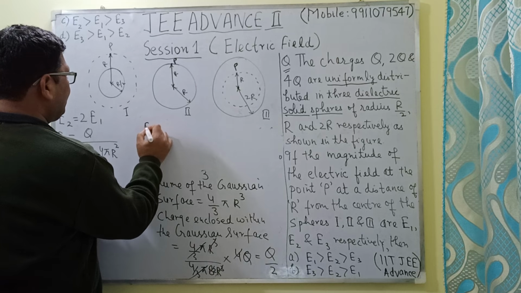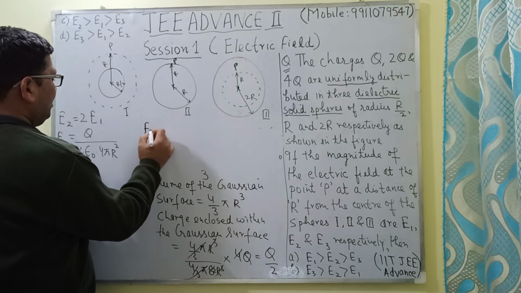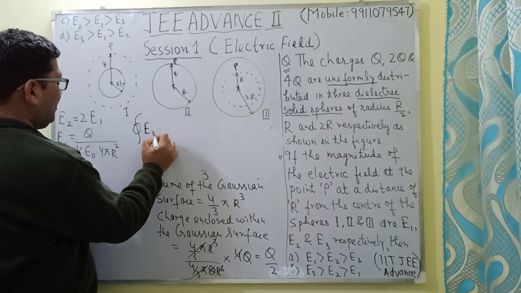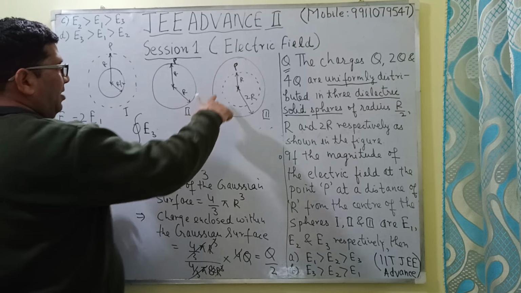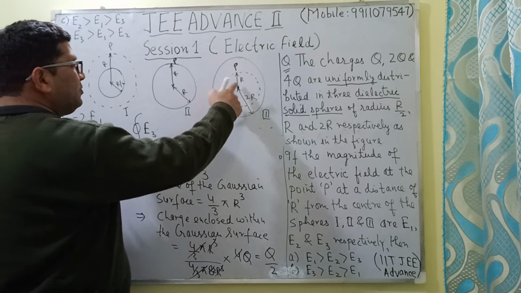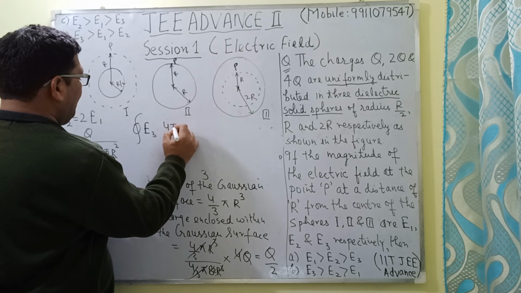So the value of E3, by using the Gauss law, I will be getting this equation, that is E3 dot ds. Now the total surface area of this Gaussian surface is 4 pi r square.